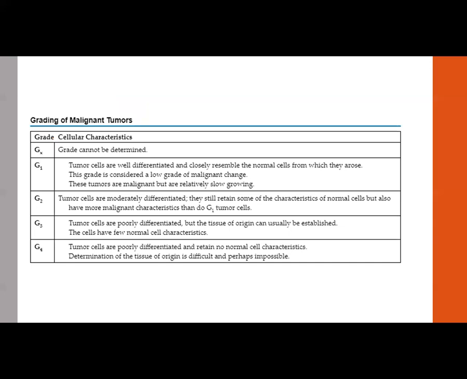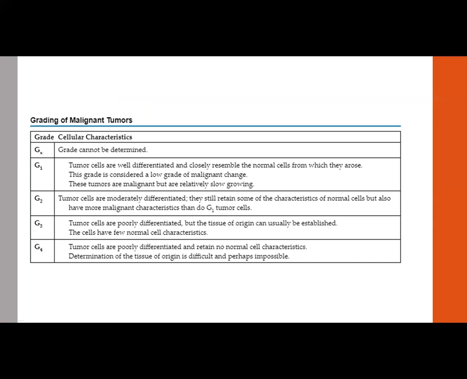And this here is just another kind of table from your book. And what it shows is what's happening with the different grades you have. So grade X means you can't actually determine it, while grade 4 means cells are poorly differentiated. So let's kind of break this down. If it's poorly differentiated, what do we think that means? Yes, it's malignant.